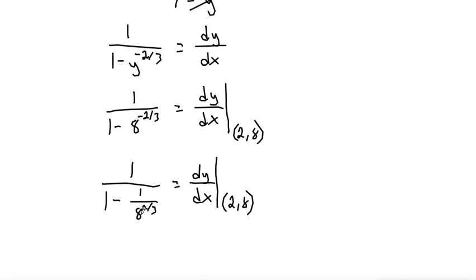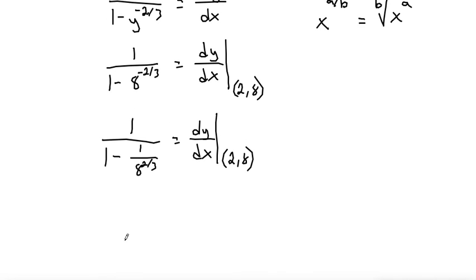Okay, from here we can use the rule that a fractional exponent can be turned into a radical. If we have x to the power of a over b, that is the b-th root of x to the power of a.